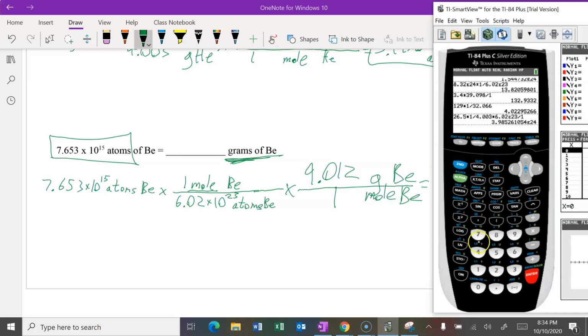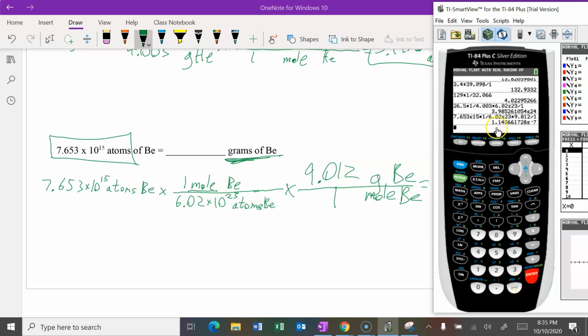Let's type that in. 7.653 times 10 to the 15th, second, comma, 15 times 1 over 6.02 times 10 to the 23rd, that's second, comma, 23 times 9.012 divided by 1. And then hit enter.